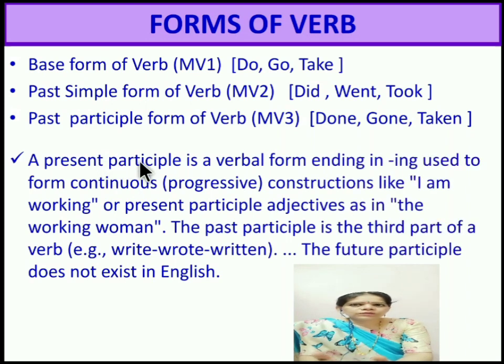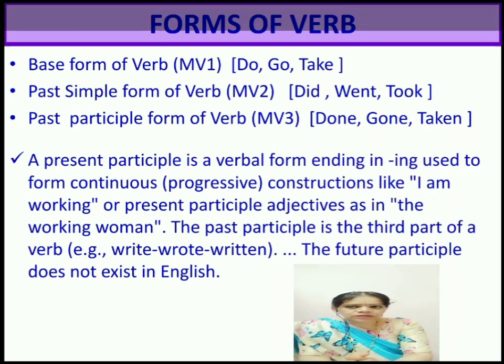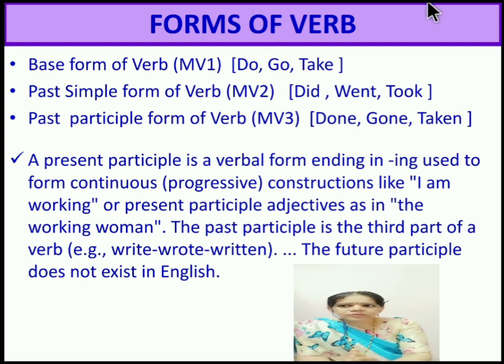So if you summarize this slide, we need to understand that a present participle is a verbal form ending in ing, which is the continuous form of any type of tense, past, present or future, also termed the gerund form or the present participle.